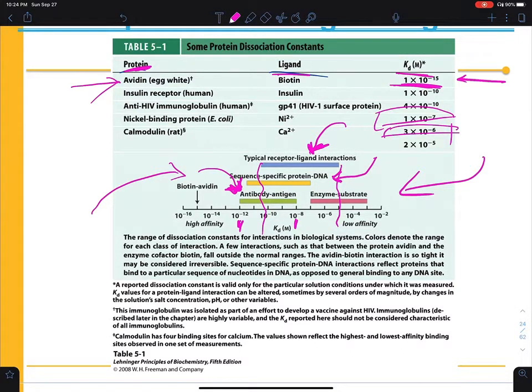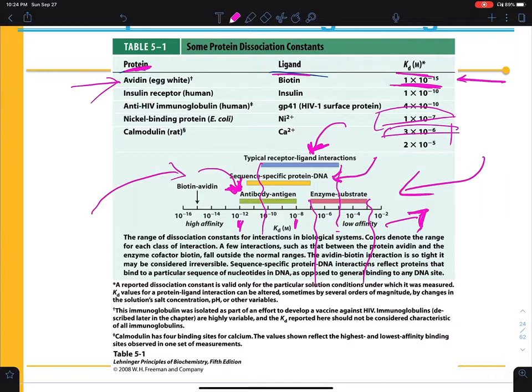And note that enzyme substrate interactions tend to be weaker than most other protein ligand interactions. It is a subset of protein ligand interactions, enzyme substrate interactions, but they are of lower affinity. And we will discuss why that is.